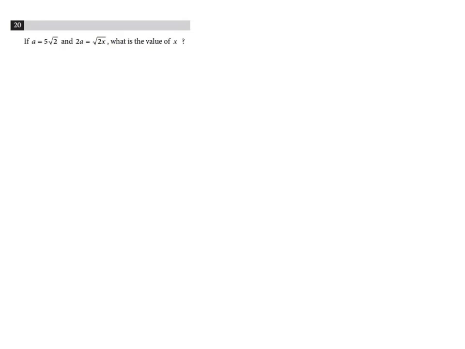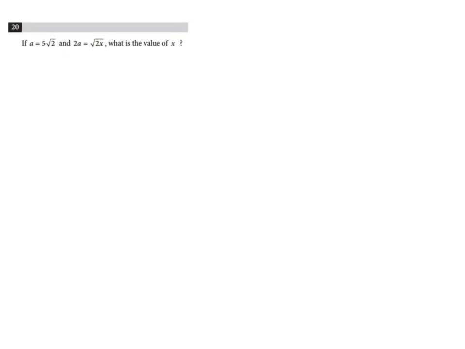Alright, number 20. We've got a equals 5 times root 2, and 2a equals root 2 times x. What's the value of x? Okay, so we already know what a equals, so let's plug that in. We've got 2 times 5 root 2 equals root 2x.